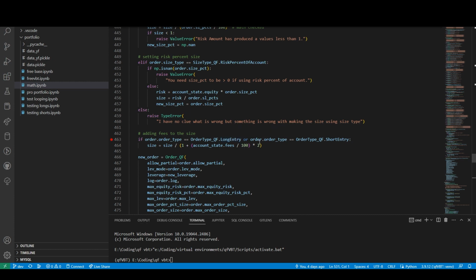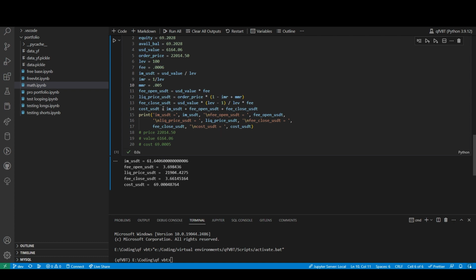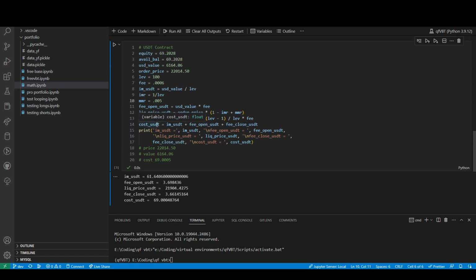I think if it's a long entry or a short entry, then size equals... I have to figure out a way to get this USDT value.